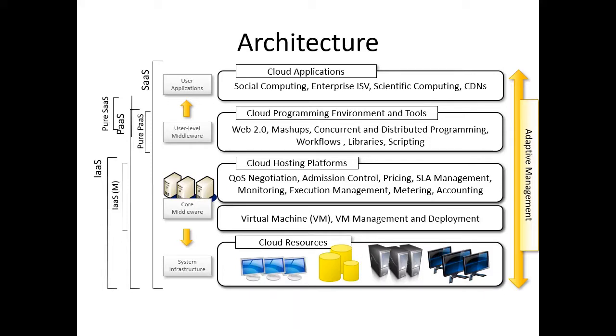So the physical infrastructure is managed by the core middleware, and the main objective of this is to provide a runtime environment for applications and best utilization of the resources. The combination of cloud hosting platform and resources is generally classified as an infrastructure as a service solution. The same is depicted in the diagram.